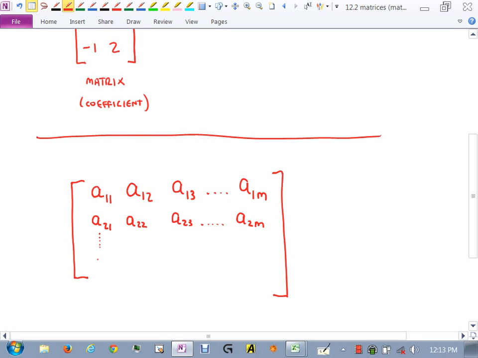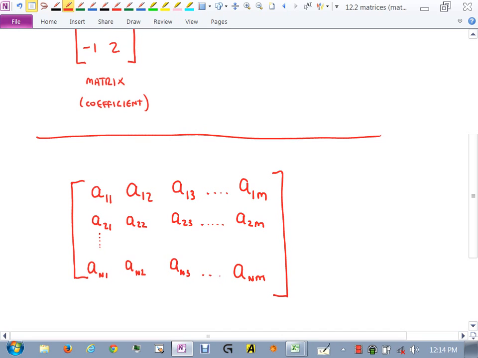Then this goes down until I get to A-N1, A-N2, A-N3, all the way till I get to A-N-M. I know that looks weird, but it's really not as bad as it looks. There's an A, which represents the fact that this is a number.